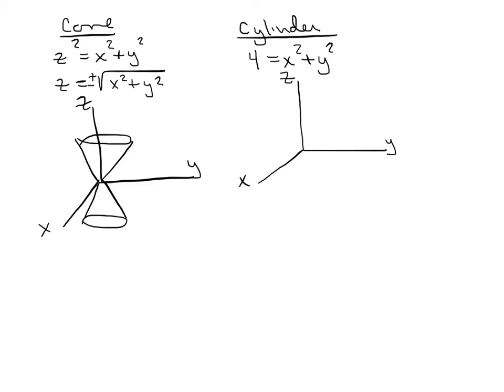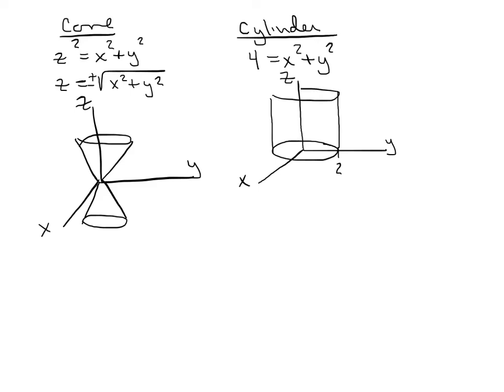All right, so there's my x, y, z. There's my circle of radius 2 on that xy plane. But if I'm going to draw this in 3 dimensions, z can be anything. Now here's how I draw when z can be anything. I draw lines parallel to the z-axis. If x were anything, I would draw lines parallel to the x-axis.